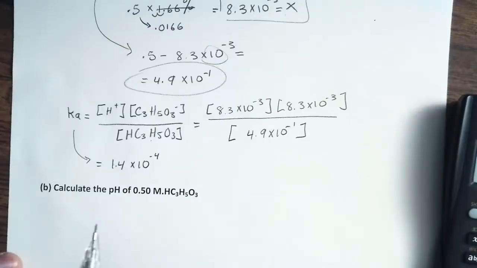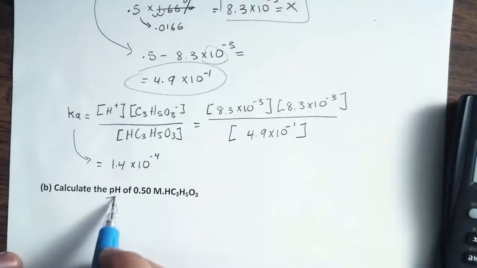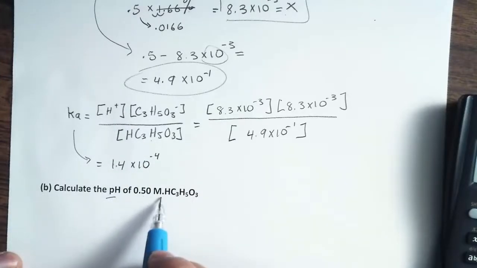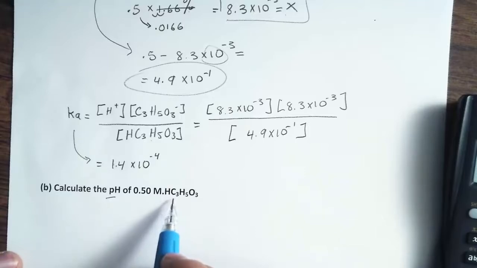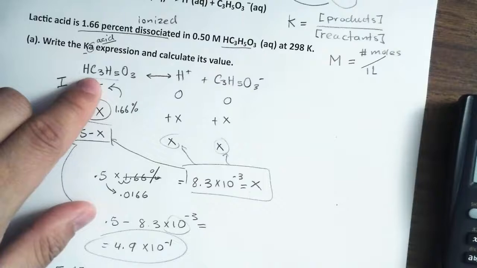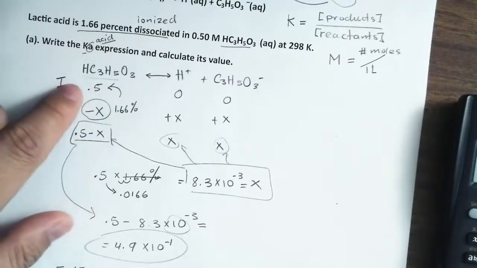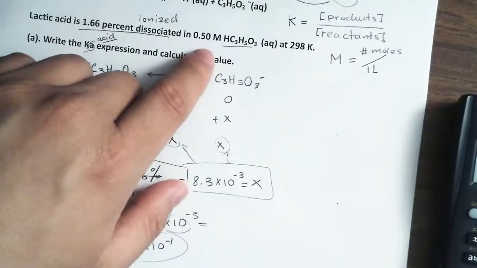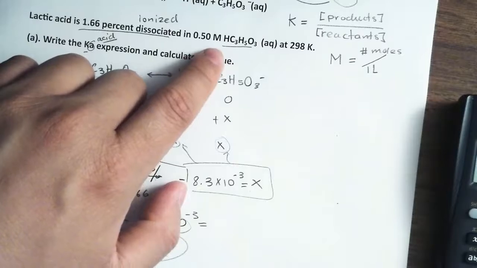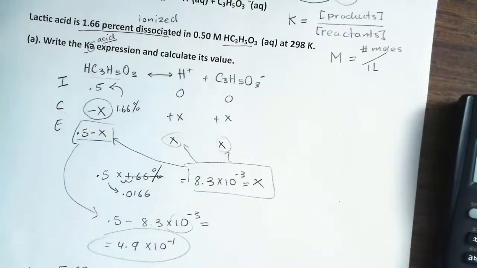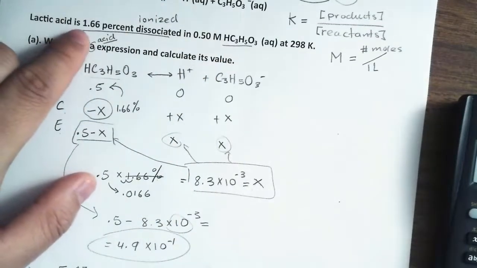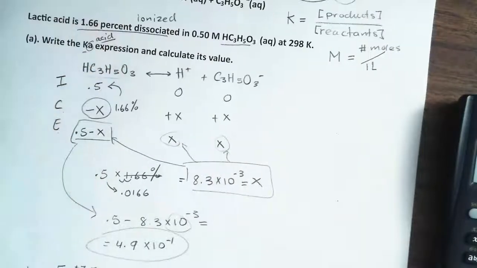Now another question that can be asked from this problem is to calculate the pH of 0.5 molar lactic acid. Well, first of all, we have this, don't we? And we know that if we have 0.5 molar acid right there, it will dissociate only 1.66%.